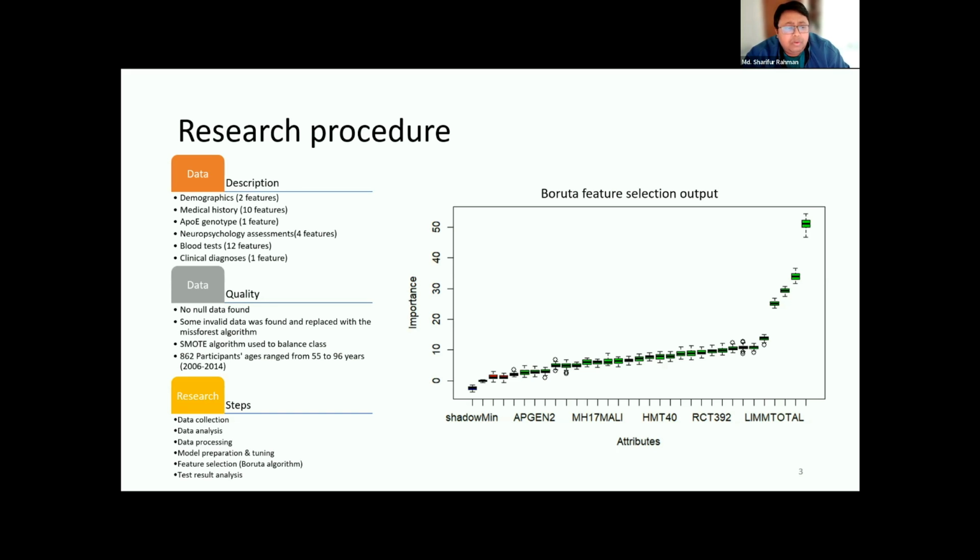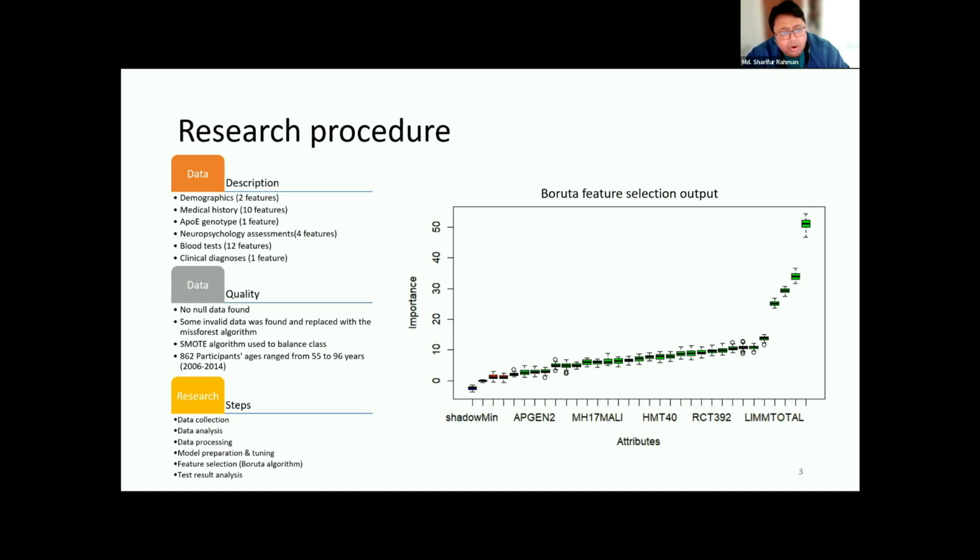The data quality we got was not bad. Actually, we didn't find any null value there. We have found some invalid values, but we replaced them with the MissForest algorithm. But there was a class imbalance. So we used the SMOTE algorithm to balance the class.